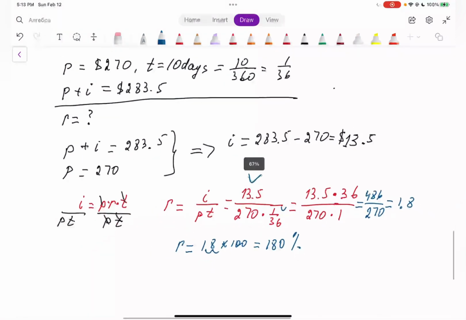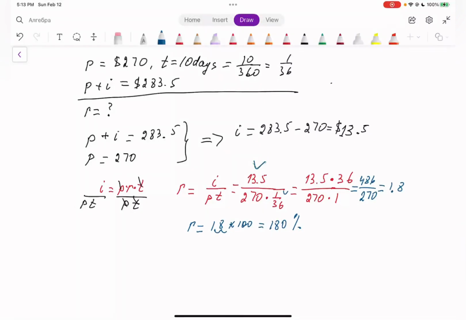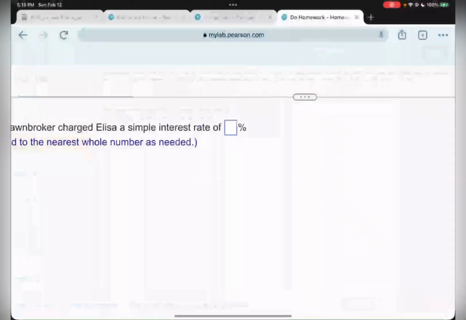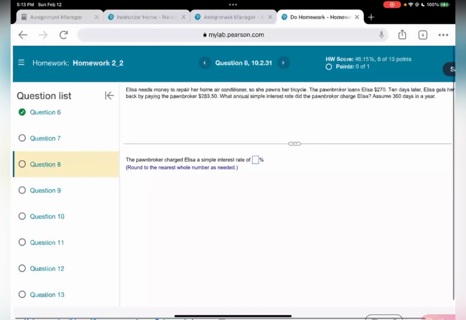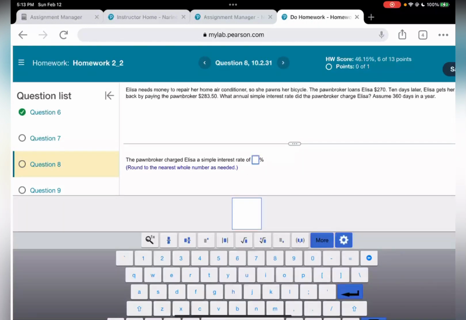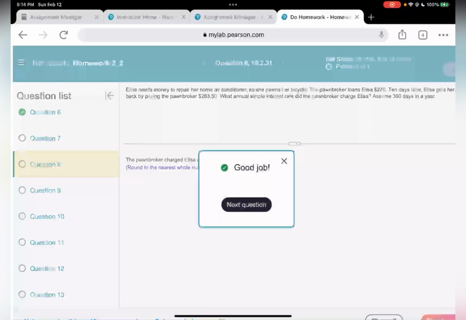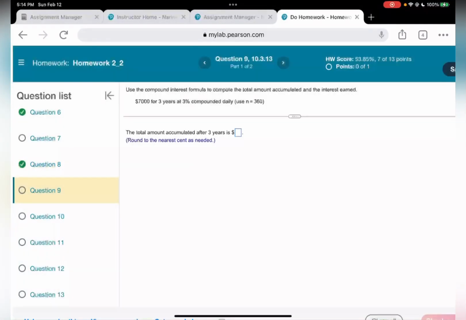So 180% is going to be our answer. Let's type it in. Okay, very good. Moving to question number 9.